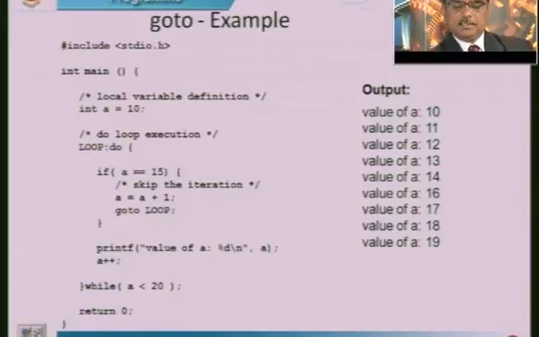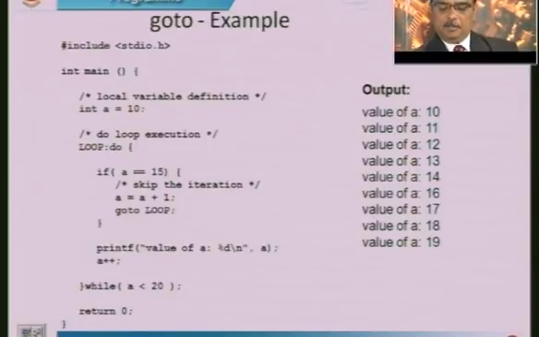I want the output like this: 10, 11, 12, 13, 14, 15 is missing. Observe this, 15 is missing here, 16, 17, 18, 19. So, you have to generate the numbers from 10 to 19. 15 should not be present here. How to generate these numbers? As you observe, similar to your previous program, you initialize int a equal to 10, because you are starting from 10.